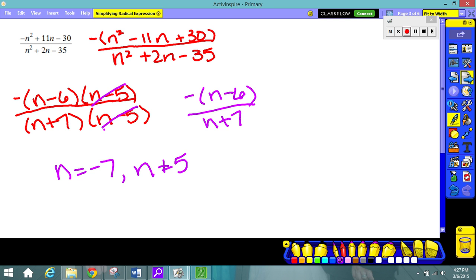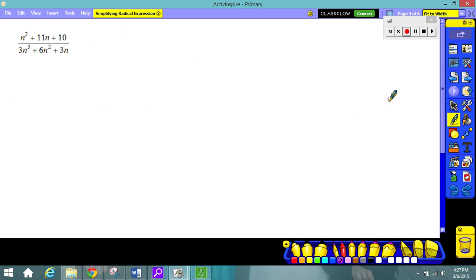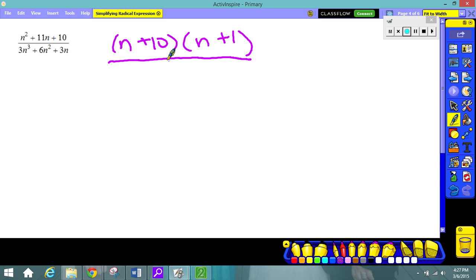Let's take a look at another problem. And again, I'm going to factor this. In the numerator, I'm going to get n plus 10 times n plus 1. When I factored the denominator, I factored out a 3n before I factored the balance, and that gave me n plus 1 times n plus 1.